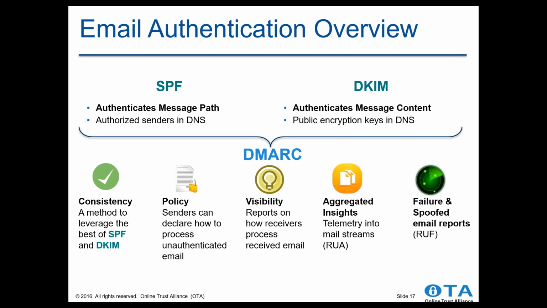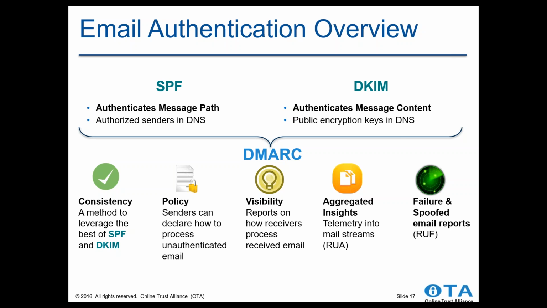And then DMARC sits on top of those and leverages SPF and DKIM to give you more power, information, and ability to assert a policy. So you can tell the recipients that you want the messages to either be quarantined or outright rejected if they fail authentication, and send that signal out.